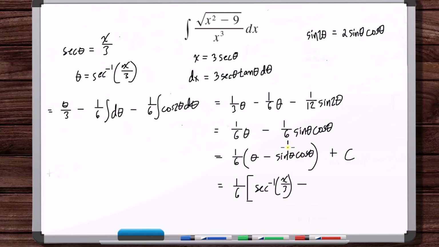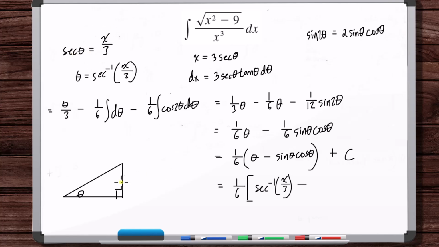Okay, but now what about these? What we do there is we construct a right triangle. And this is theta, and we just put the theta in the positive direction. It doesn't matter. And then we come to our definition. So we've got secant theta is equal to x over 3. So what does secant mean? Secant is inverse cosine. So cosine is adjacent over hypotenuse. So secant is going to be hypotenuse over adjacent.